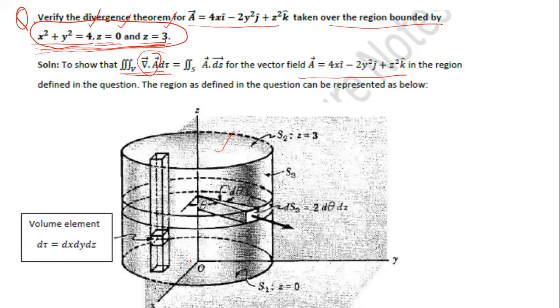In order to do that, you have to take the limits for x, y, and z such that you are able to cover the whole volume. You cannot take the limits arbitrarily. You have to consider the limits of integration for x, y, and z so that you are moving over the whole volume, not beyond the whole volume, not less than the volume. So you have to perform the summation within such a volume.